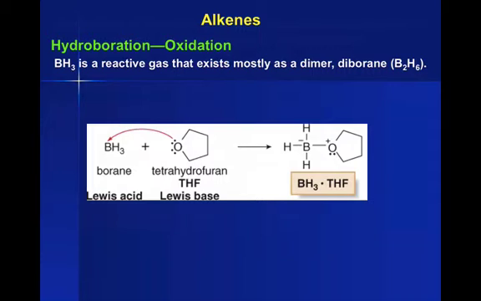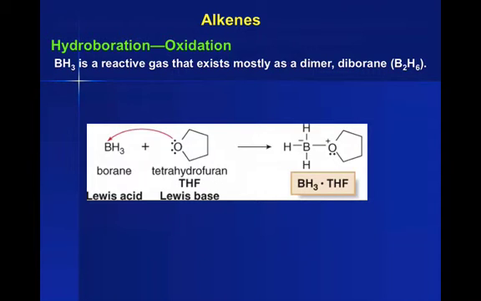It reacts with the Lewis acid, and we end up with what's known as a BH3-THF complex. This molecule is pretty stable, easy to work with. Chemists like to work with liquids and solids. We don't like to work with gases very much. Gases are kind of difficult to work with. I can buy this in a bottle. But what you need to know is that this behaves like BH3 in solution.